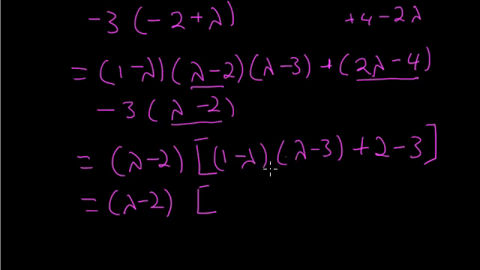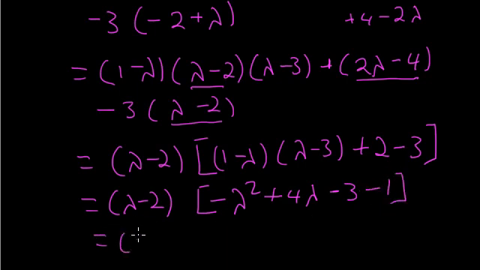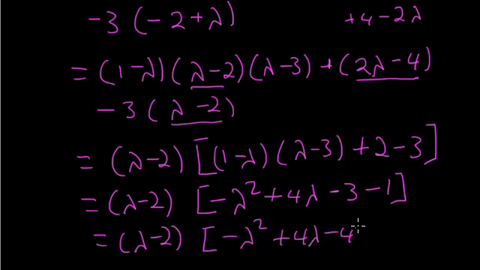Let's multiply this out. I have negative lambda squared, minus lambda times negative 3, so that's plus 3 lambda, plus 1 lambda, so that's plus 4 lambda, minus 3, minus 1. So that is lambda minus 2 times negative lambda squared plus 4 lambda minus 4.